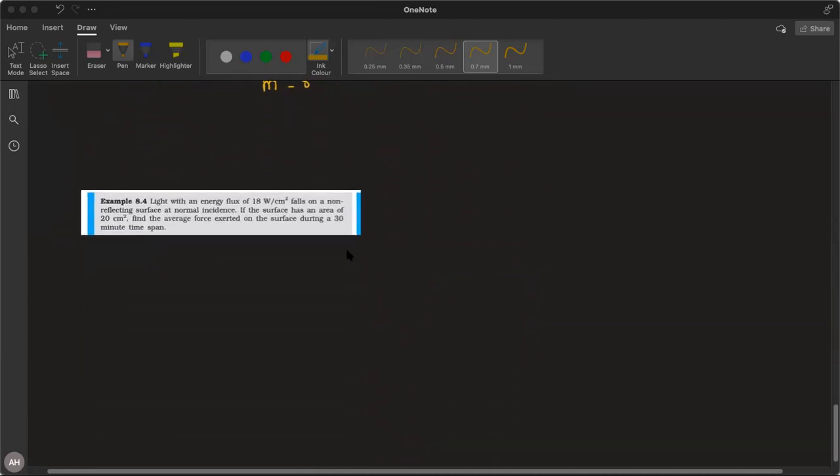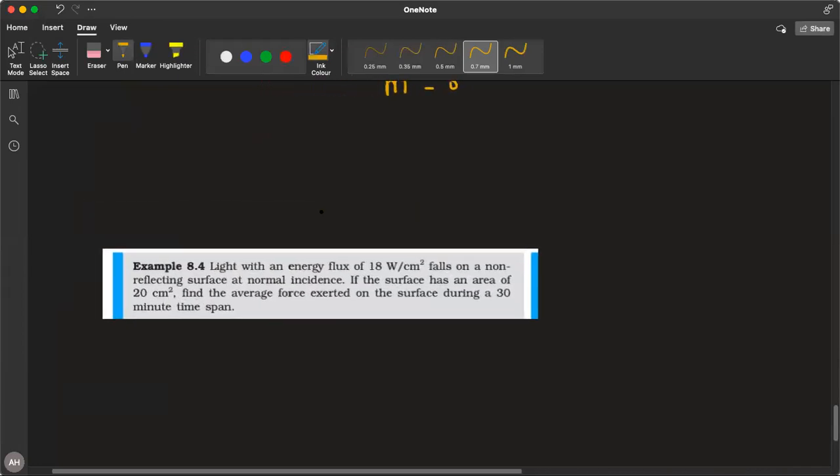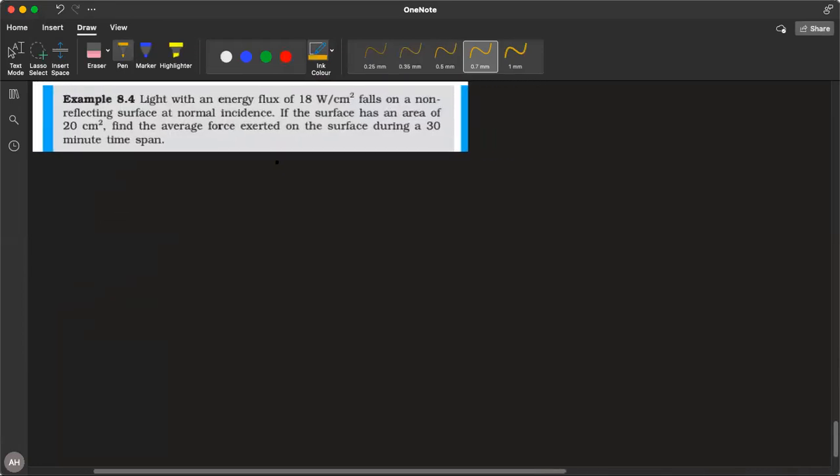Okay, let's do this numerical. Just write this numerical, then we'll solve it. Just note it down. Sir, NCERT numerical.